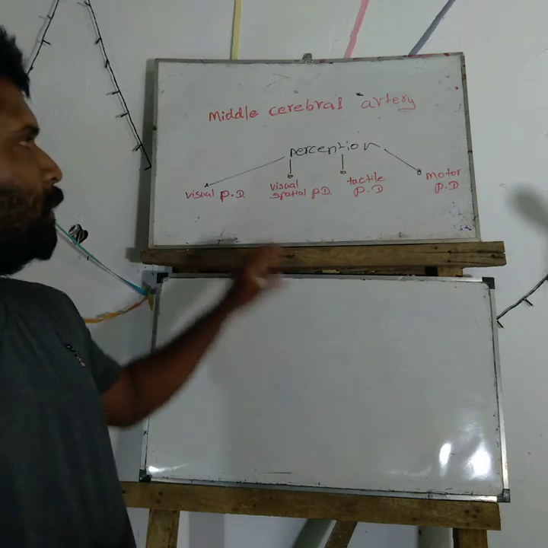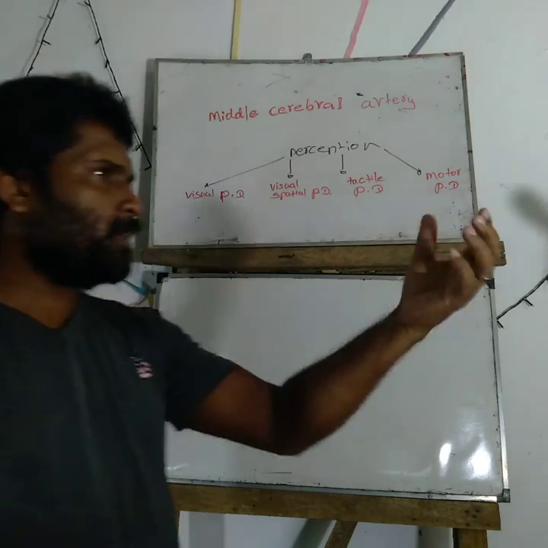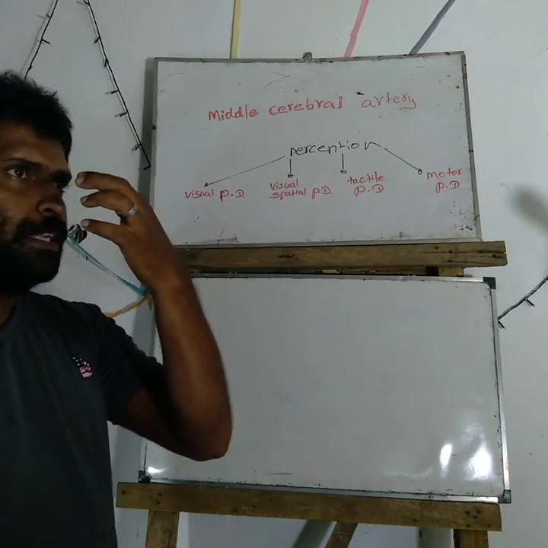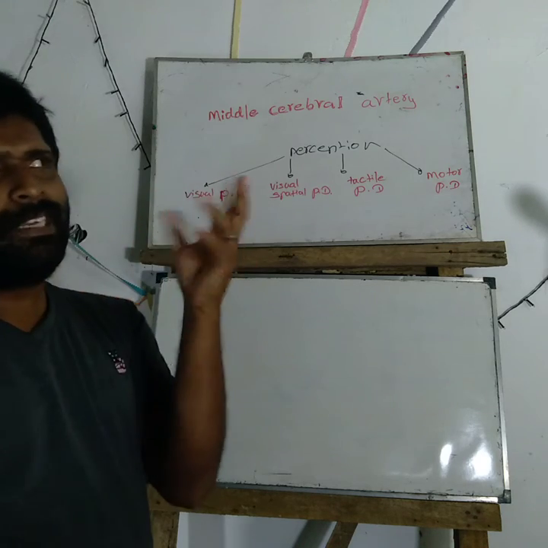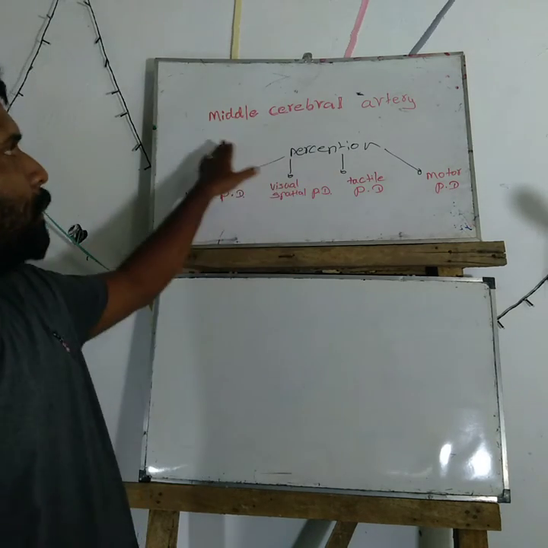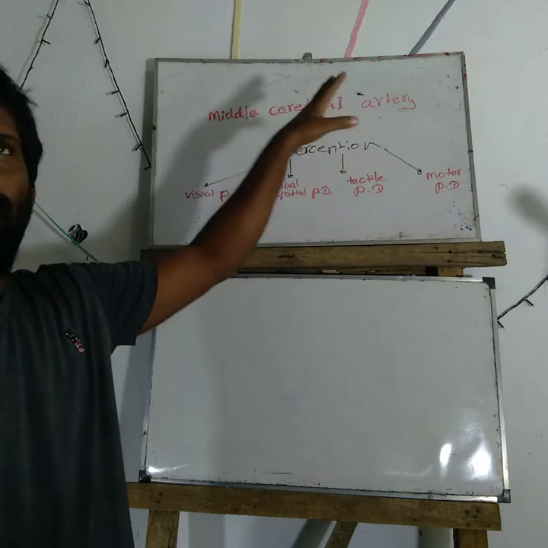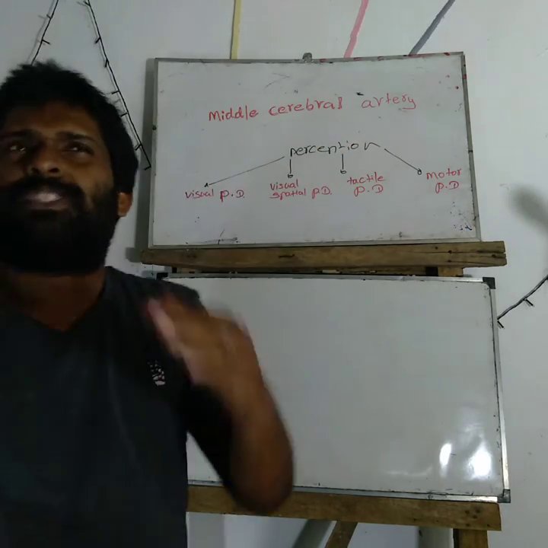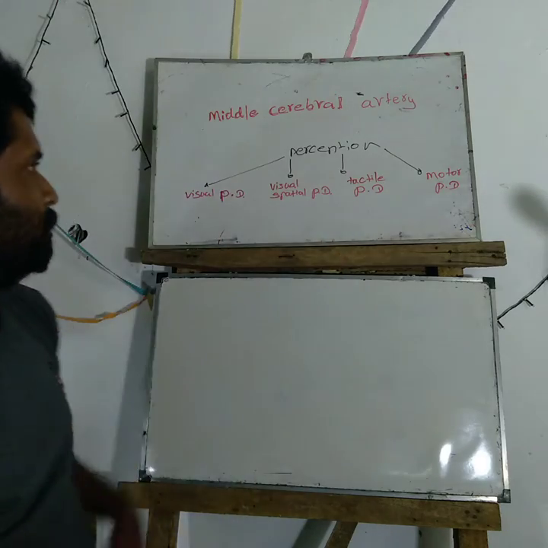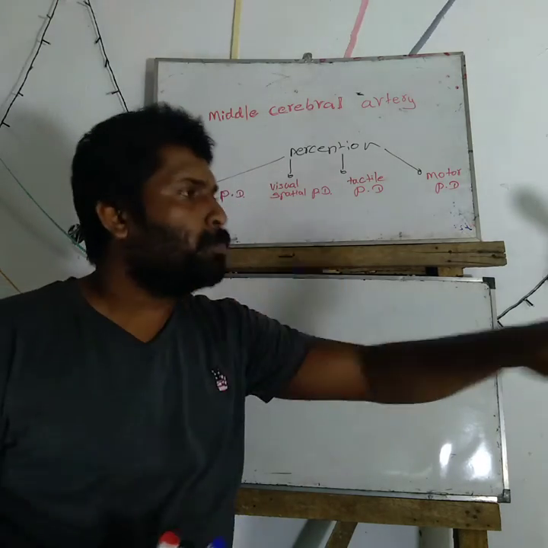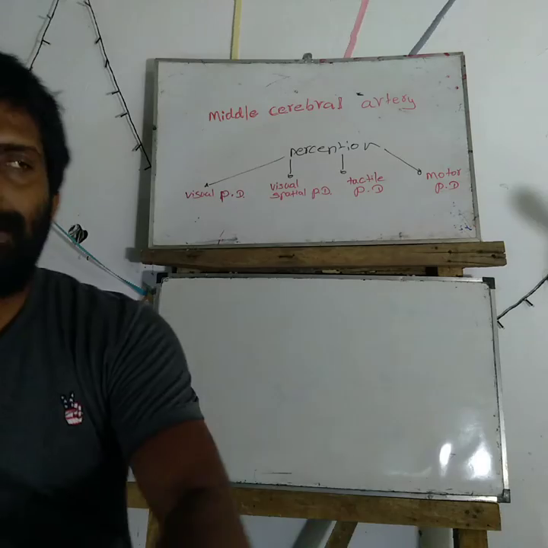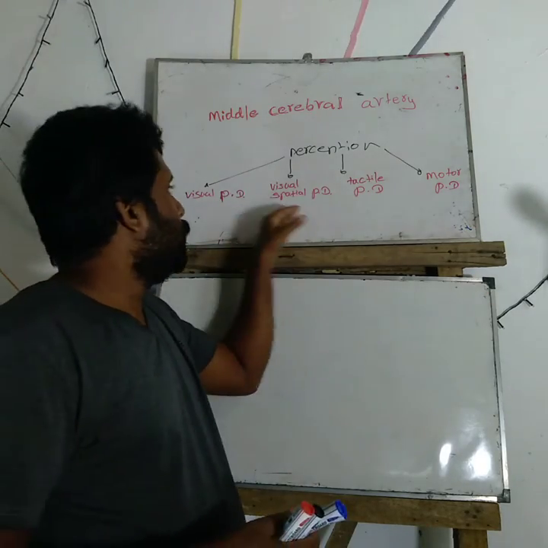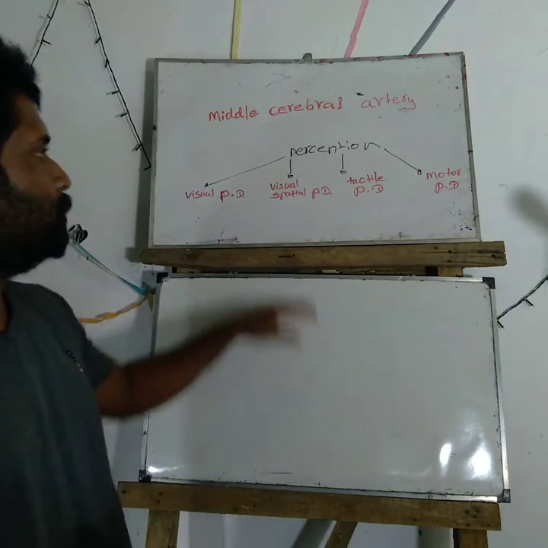Perception is divided into visual and so on, and visual perception can have a disorder. Why does the disorder happen? Brain damage happens in the middle cerebral artery area. The visual perceptual disorder occurs in these patients. Visual spatial: the environment and vision connect to the perceptual disorder.